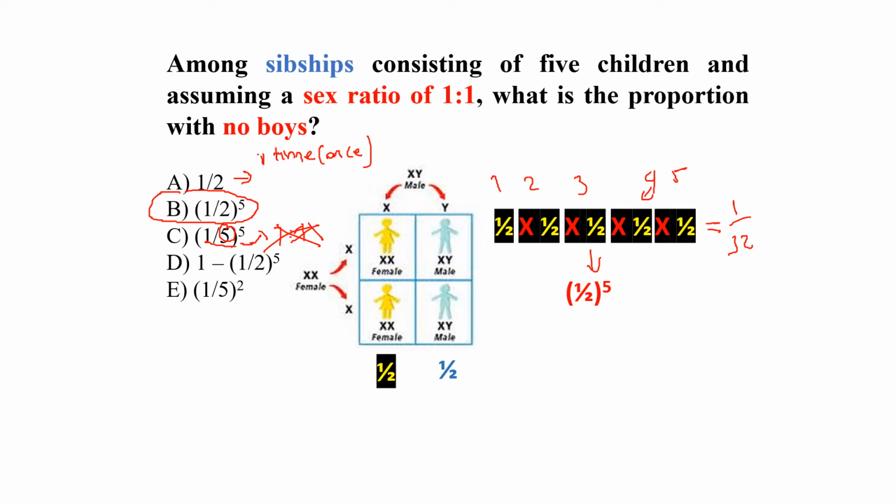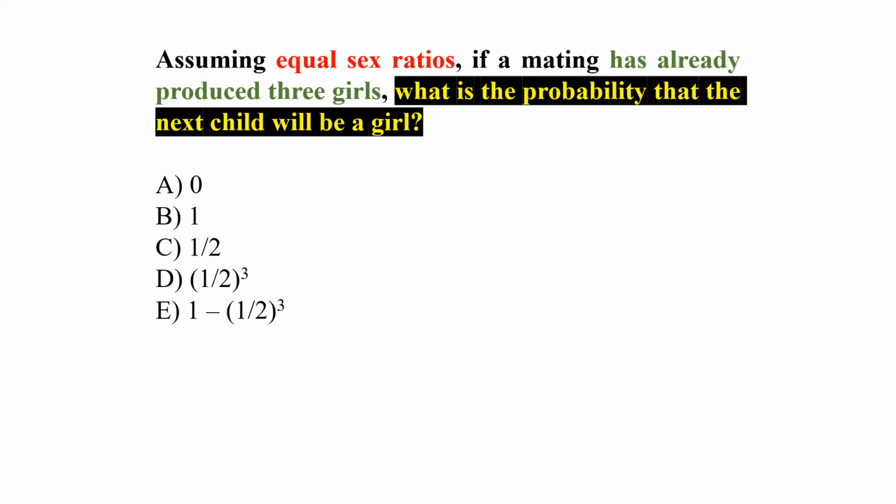This one is perfect here. However, this minus is not correct. And this one, 1 out of 5, this is twice, 2 times. They have two kids, so they try twice, and this is not a 1-to-1 ratio. Okay, so the only option is B.